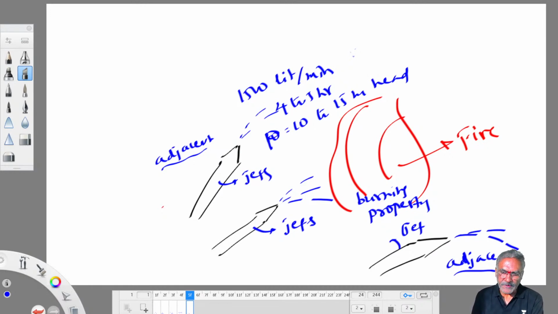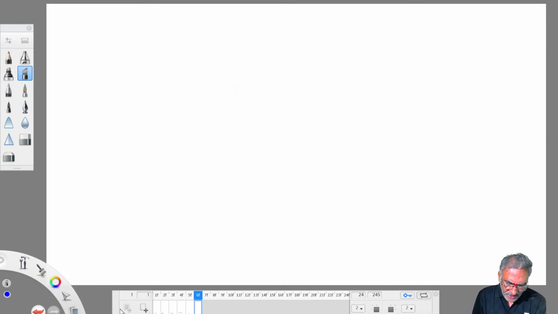Firefighting personnel rush in and immediately start issuing water on the burning property and on either side adjacent to it, at a rate of 1500 liters per minute for a period of 4 to 5 hours, at a very high pressure of 10 to 15 meters head of water. That's how they work out the fire demand.